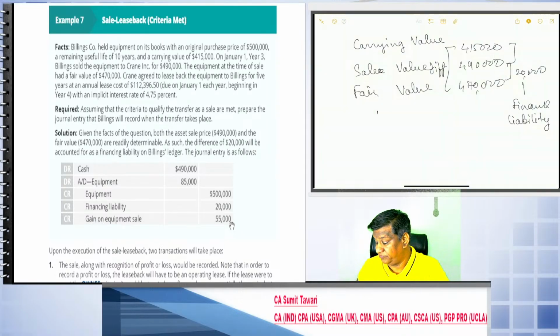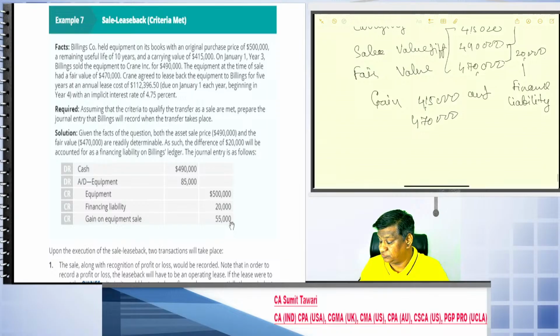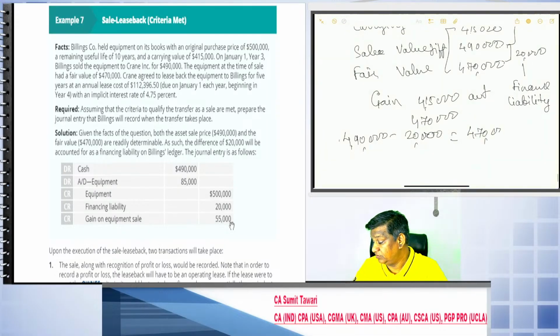This is the gain, between 415,000 and 470,000. The total amount we received is 490,000. Out of this, we consider the 20,000 as a finance liability, so my net sell value is basically 470,000.